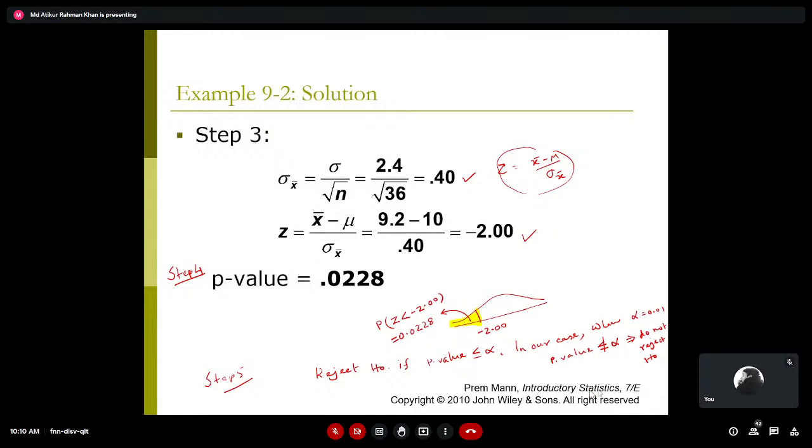Now, when you use alpha equal to 0.05, in that case, p-value is less than or equal to alpha, and you reject the null hypothesis.